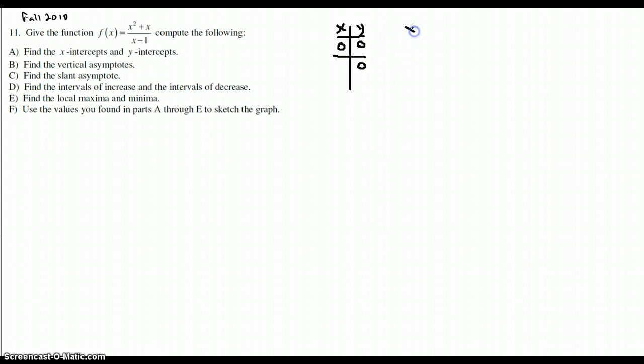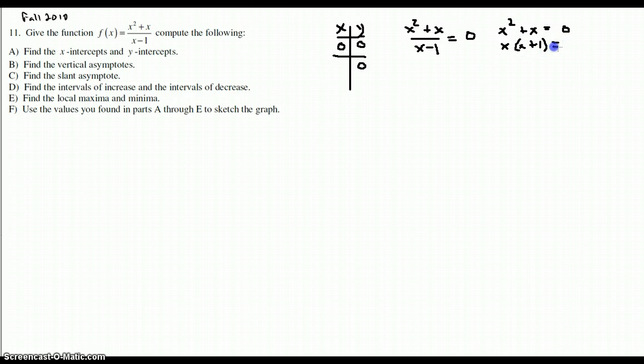But let's find out what happens. We have (x squared plus x) all over (x minus 1) equals 0. Well, that just means that x squared plus x is equal to 0, which we can factor as x times the quantity x plus 1 equals 0.